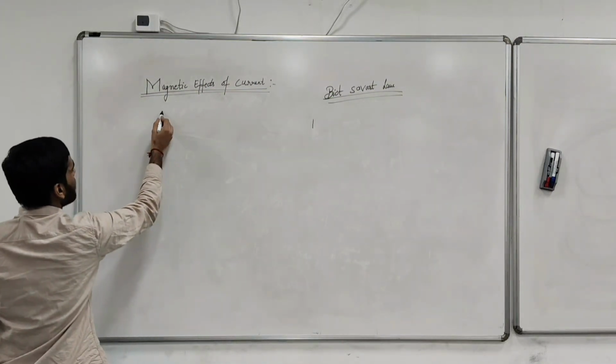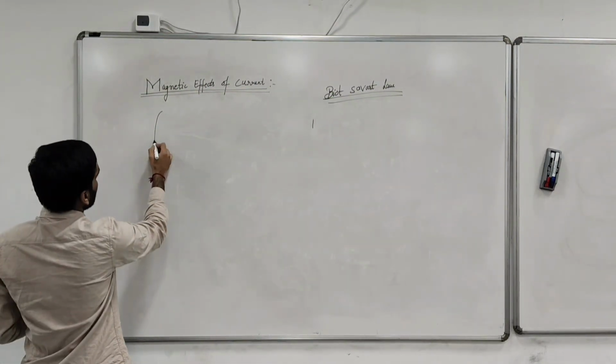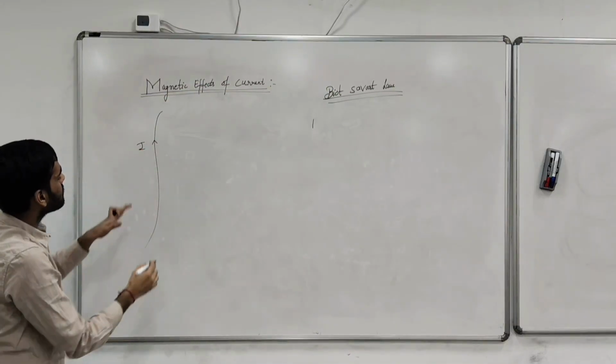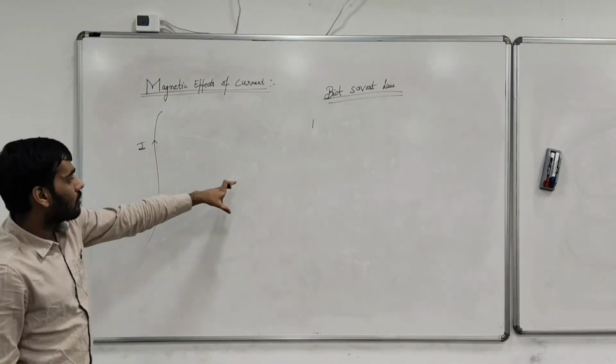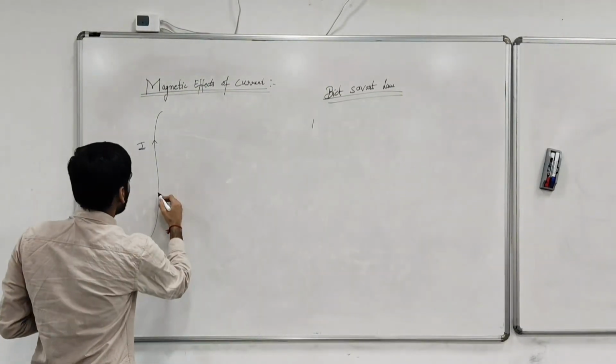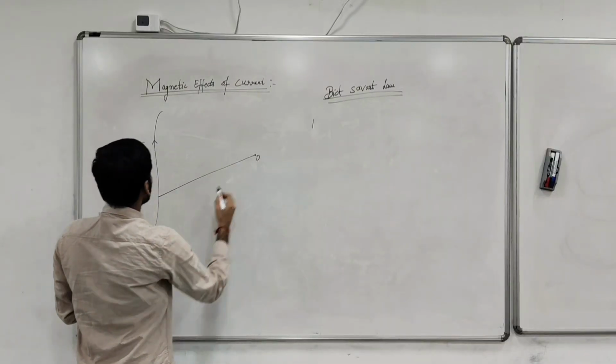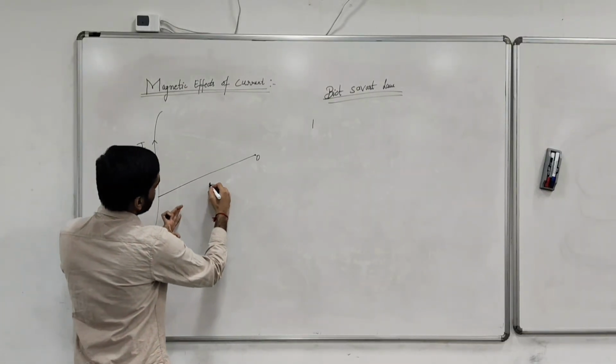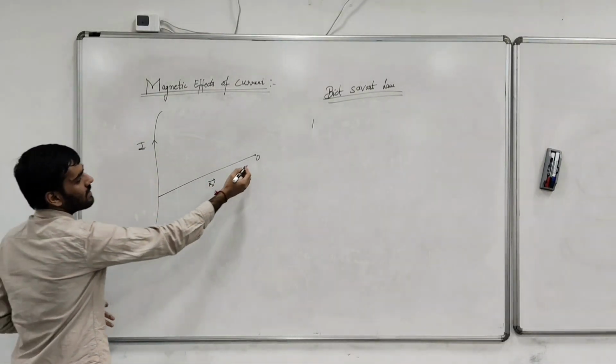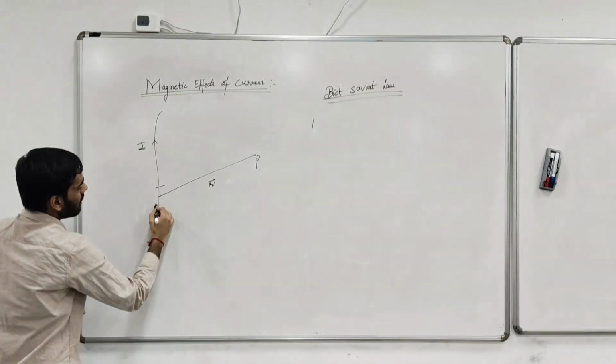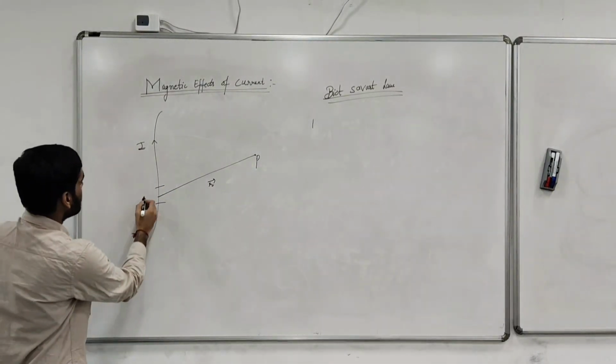Let's take a current carrying wire. Current I is flowing through it. We want to calculate the magnetic field at some point P, which is at distance r from an infinitesimal current element dl.